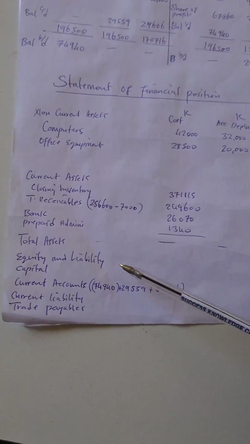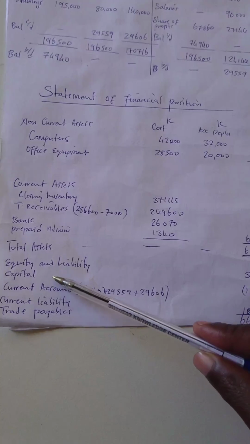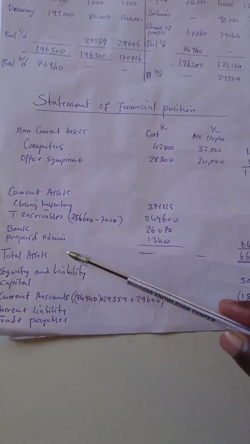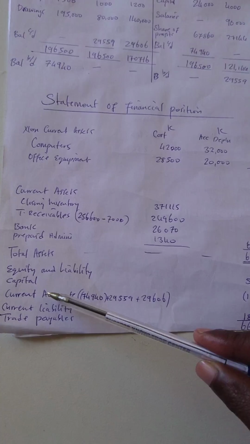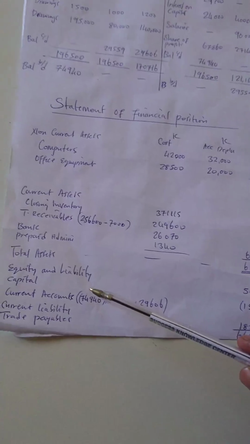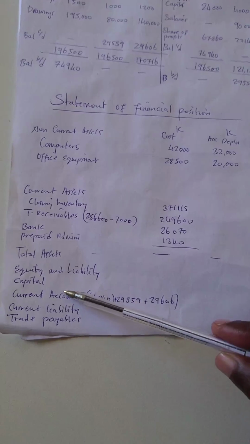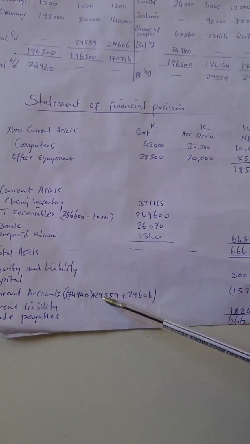And then you also work out the equity and liability part where you put capital. So with partnership, here we have the current accounts figures appearing here under capital, because the current accounts are an extension of capital, so they will appear here.